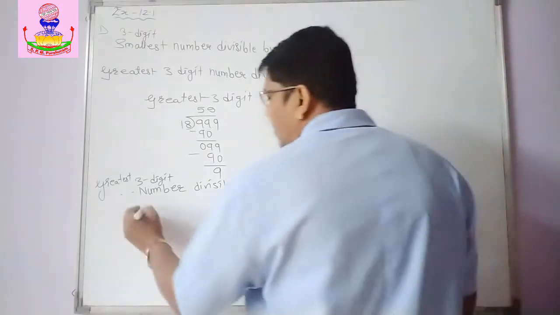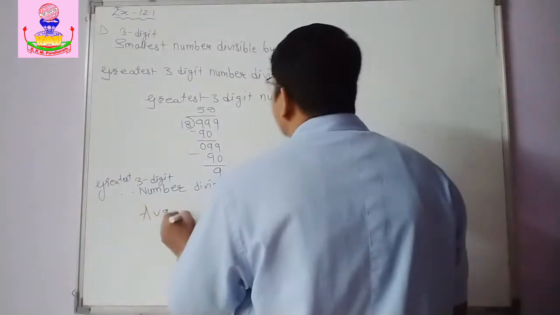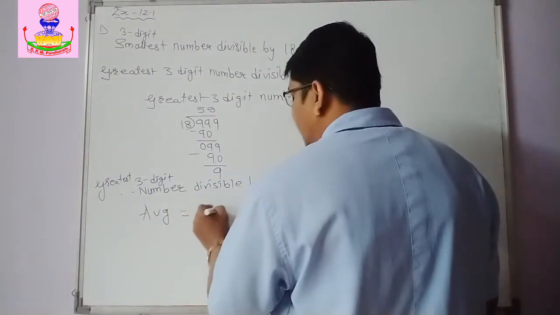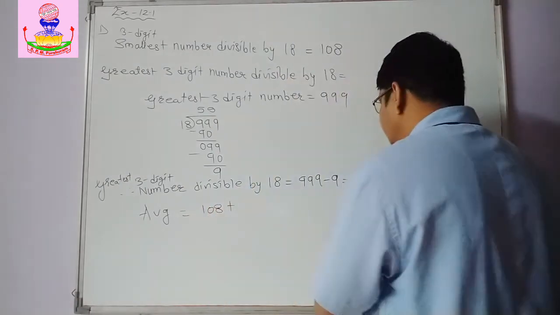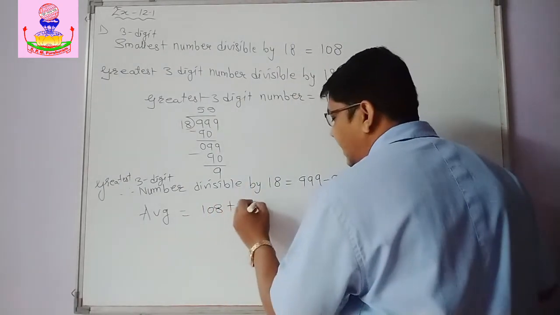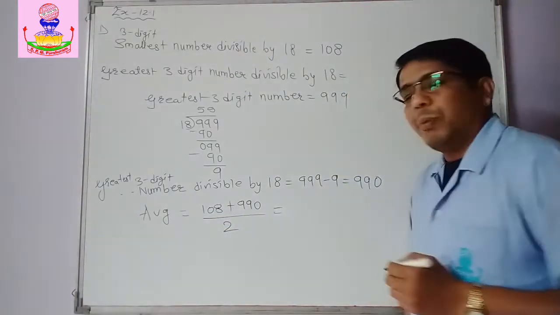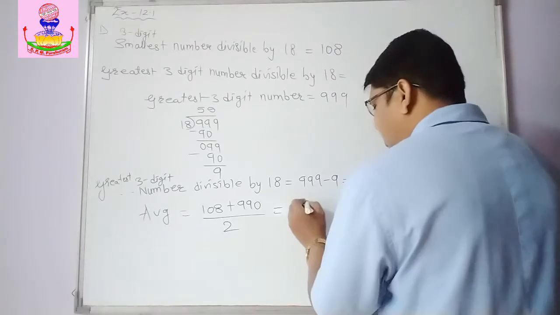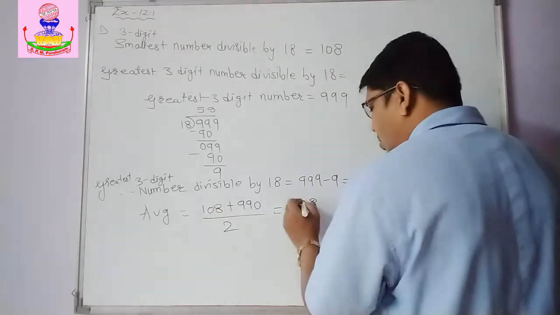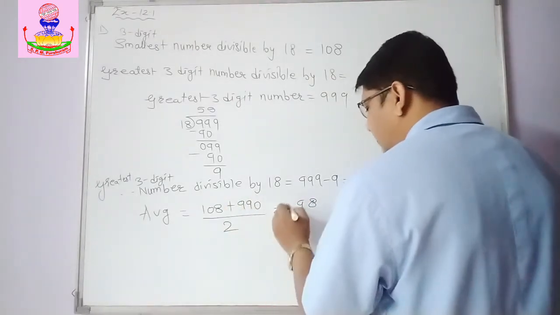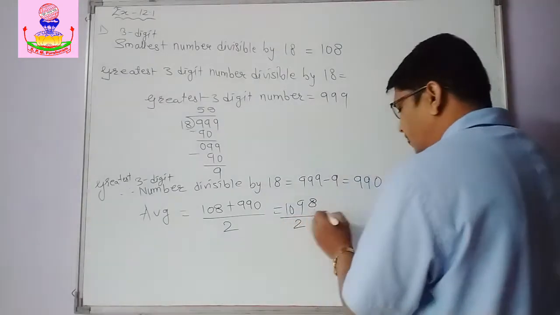Now you have to find the average. So the average is equal to the smallest 3-digit number, which is 108, plus the greatest 3-digit number 990, both divisible by 18, upon 2. So 8 plus 0, 8. 9 plus 0, 9. 9 plus 1, 10. Divided by 2.